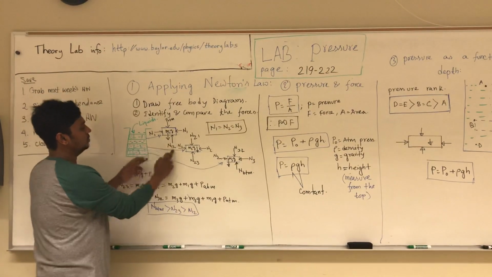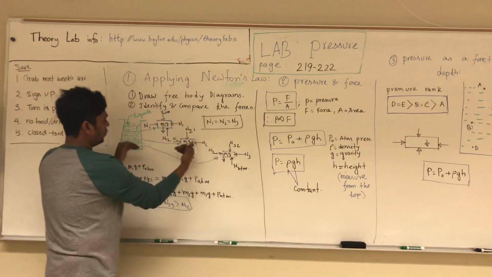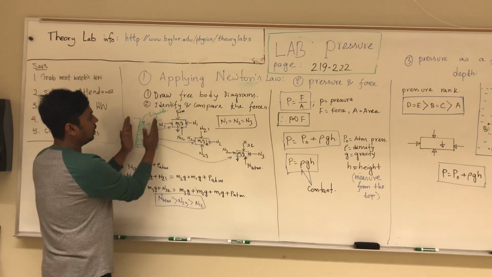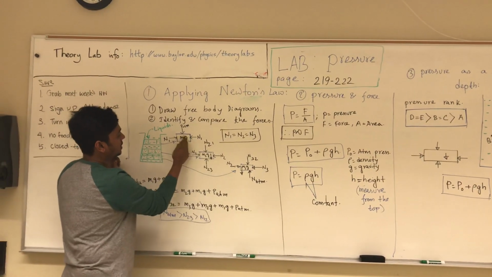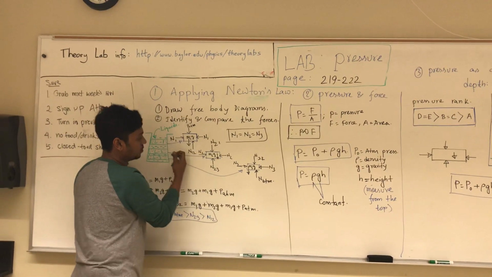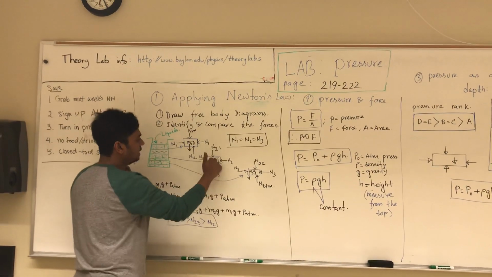So for layer 2, same thing. N2, the two normal forces applied by the two walls. And N21 is the force due to layer 1, N23 due to layer 3, and M2g working down.